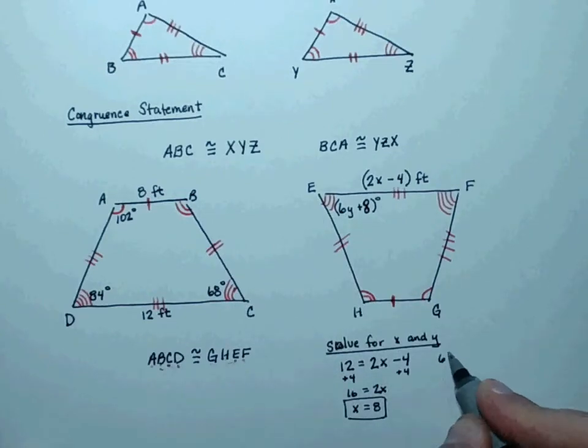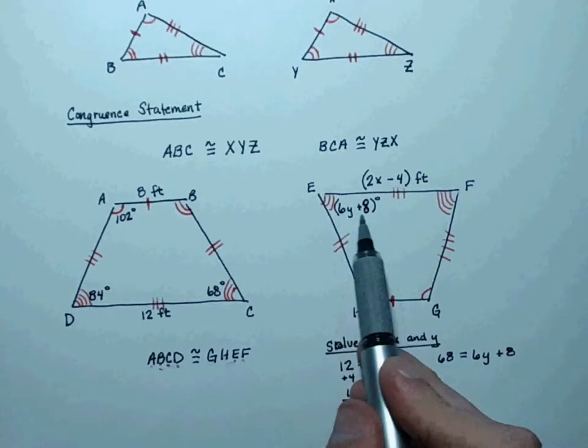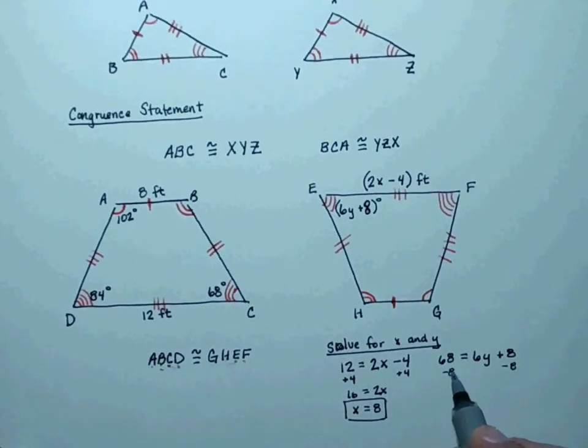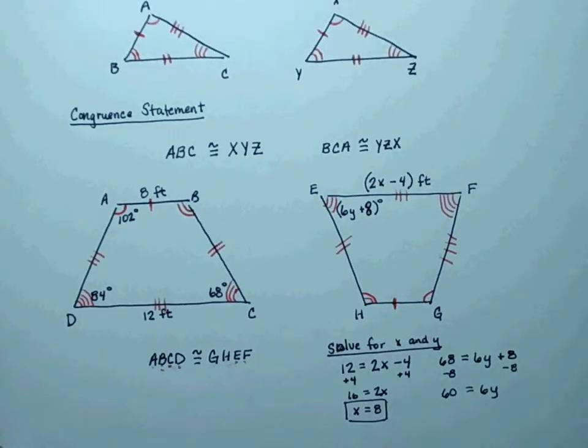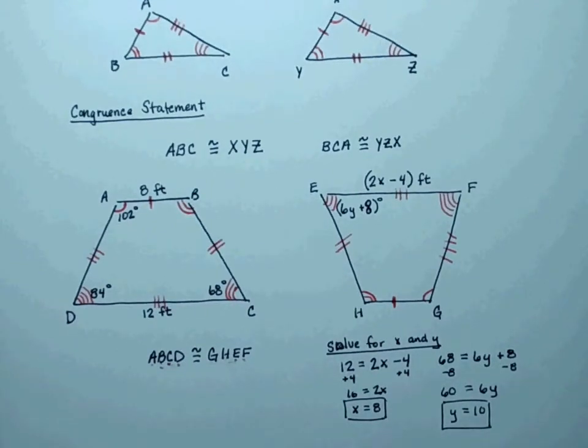So we can say that 68 degrees equals 6y plus 8, because that angle equals that angle. So now we can solve. 60 equals 6y. So y equals 10.